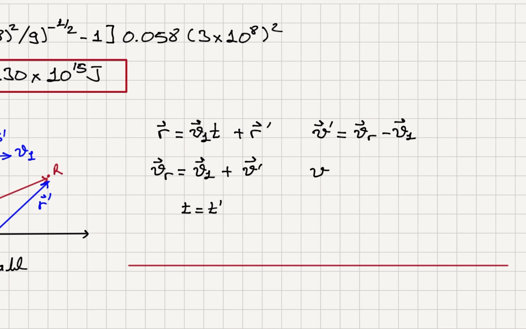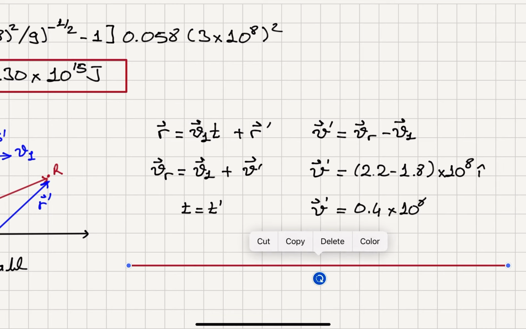So v prime is the velocity reported by the S reference frame, which is 2.2 times 10 to 8 meters per second, minus the ball's 1.8 times 10 to 8 meters per second in the I hat direction. So the velocity reported by the primed reference frame is 0.4 times 10 to 8 I hat in meters per second.